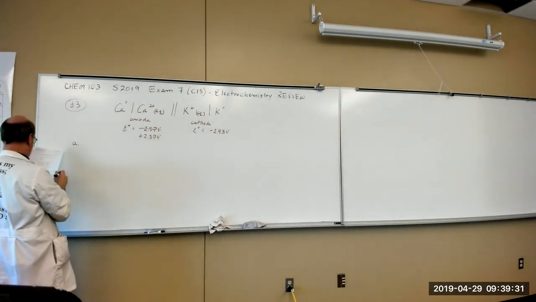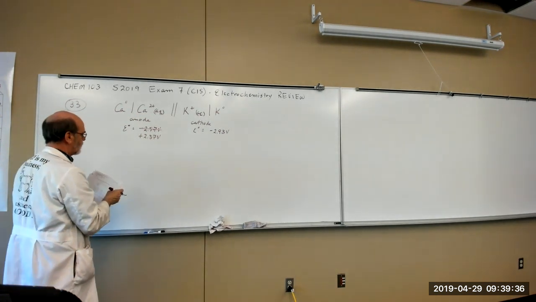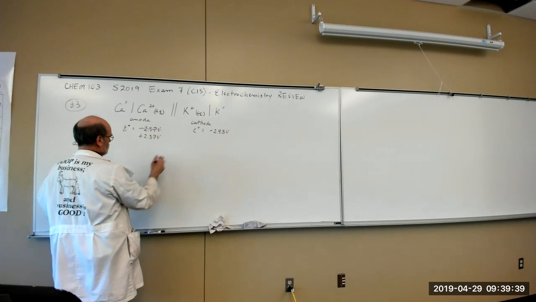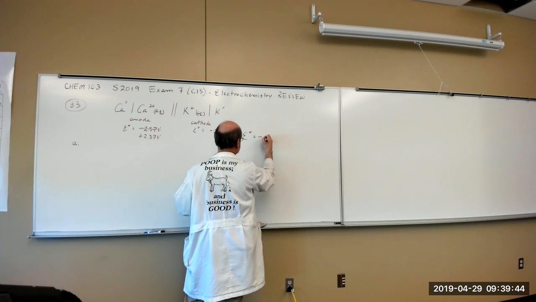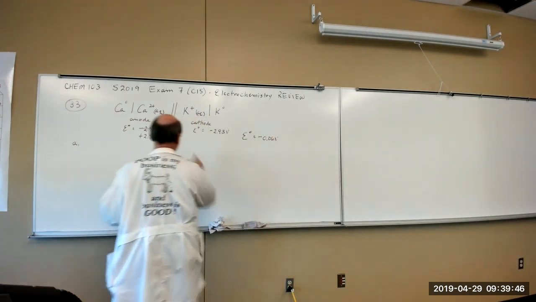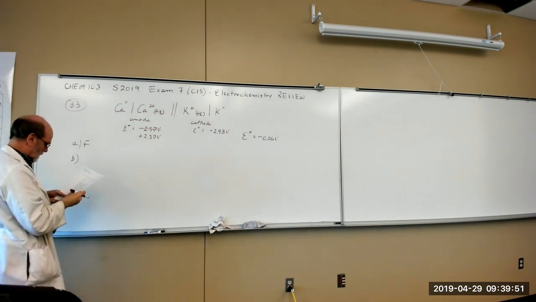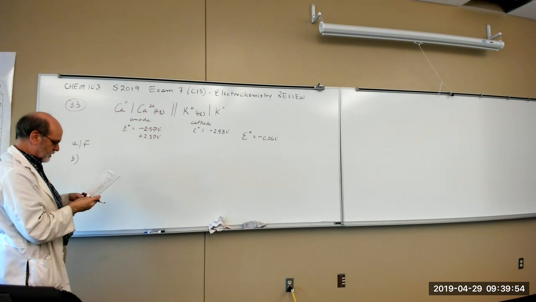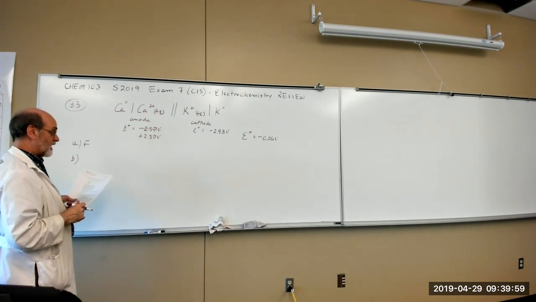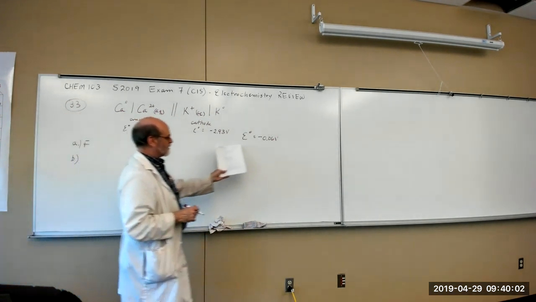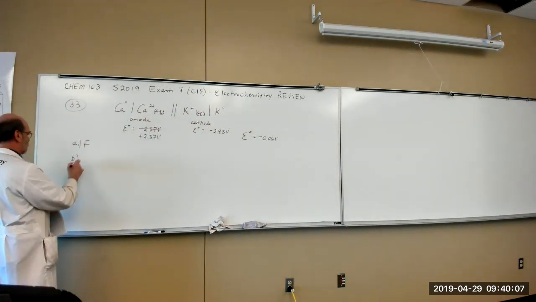So A, the cell reaction is spontaneous with a standard cell potential of 0.06 volts. In reality, the standard cell potential is minus 0.06 volts, as written. So this one is false. B, the cell reaction is non-spontaneous with a standard cell potential of minus 5.8. Well, it is non-spontaneous, but it has a voltage of negative 0.06 volts.